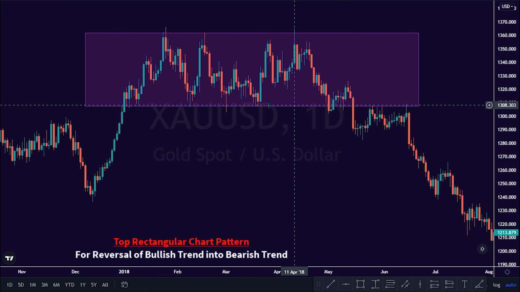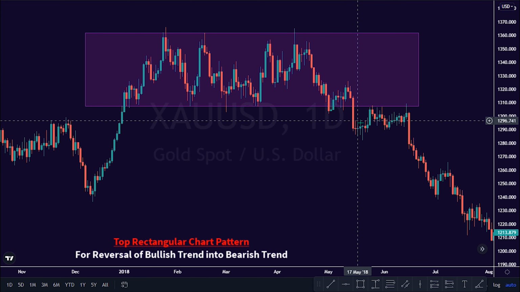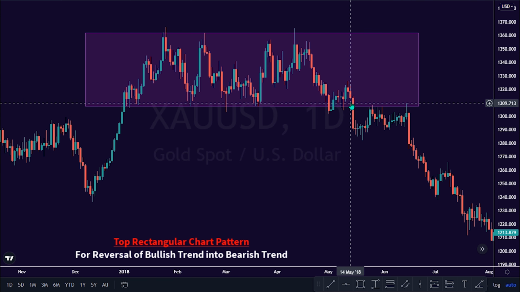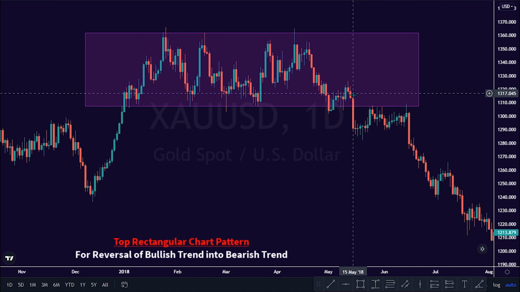This top rectangular chart pattern bearish breakout met all the factors needed in order to determine its reliability. Number 1. This bearish breakout was accompanied by a lower high swing here, which signaled weakness in bullish momentum. Number 2.